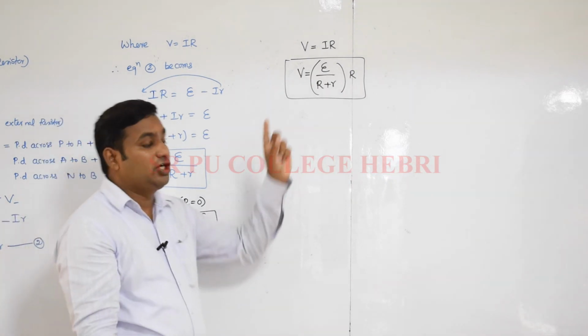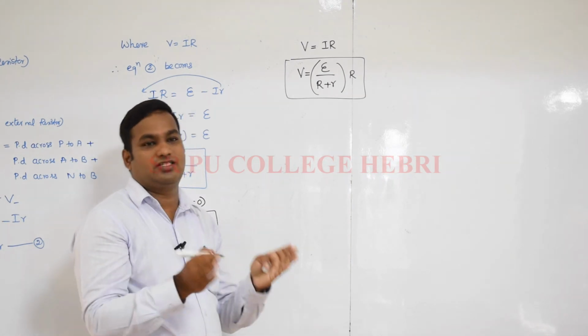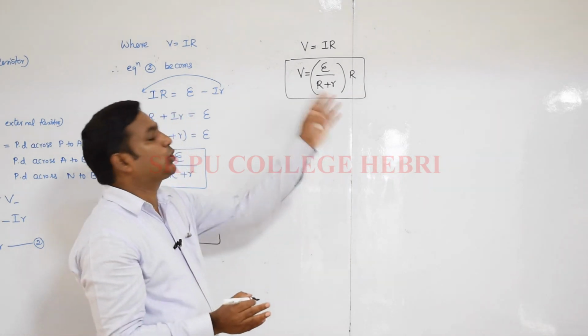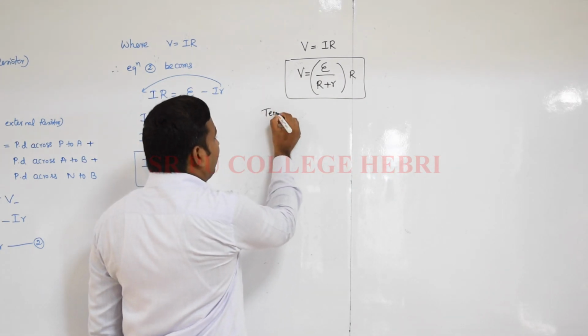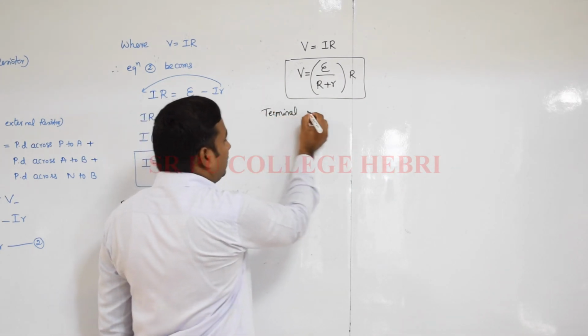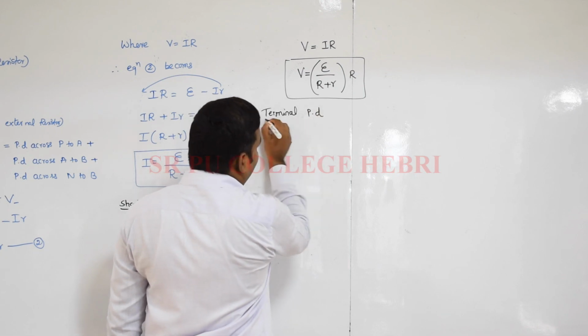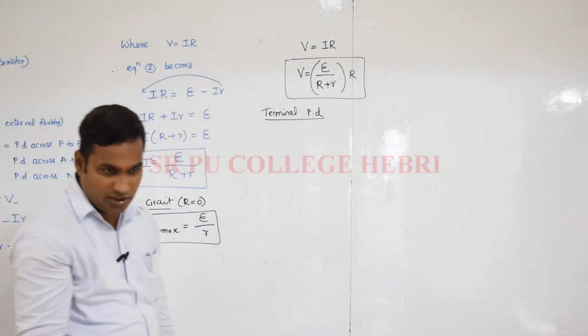Remember, the potential difference between two terminals of the cell when the cell is closed is called terminal potential difference, also called terminal PD.